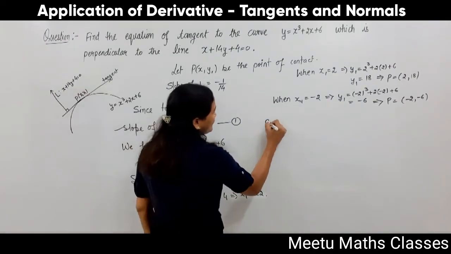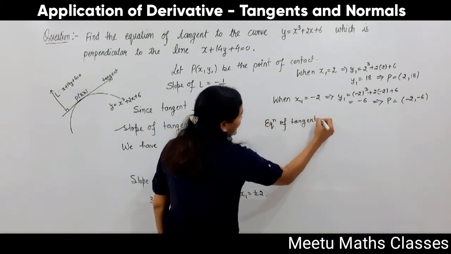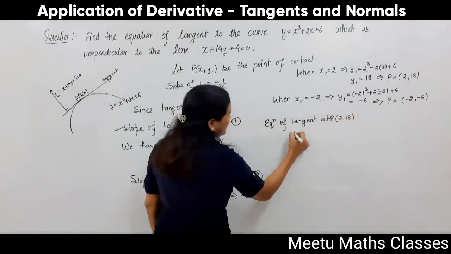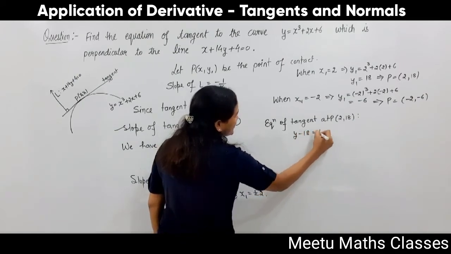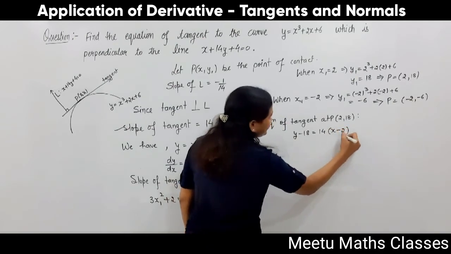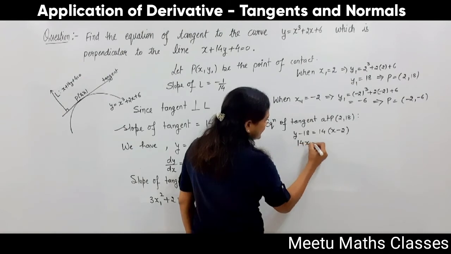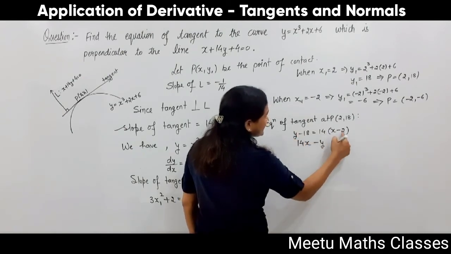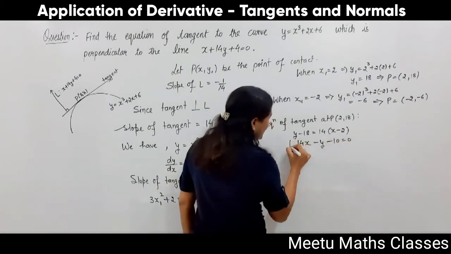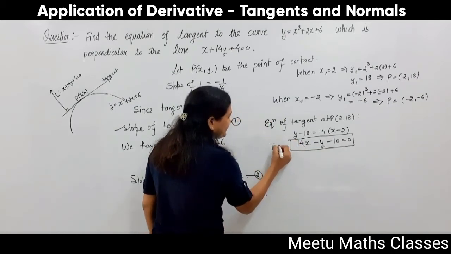So the equation of tangent at (2, 18) will be y minus y1 equals slope m into x minus x1, and that can be written as 14x minus y minus 28 plus 18, so minus 10 equals 0. This is the first tangent line.